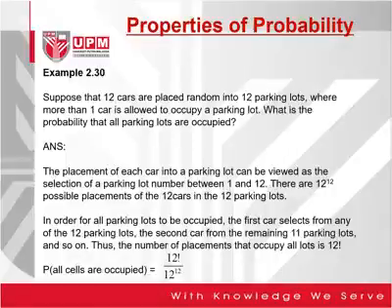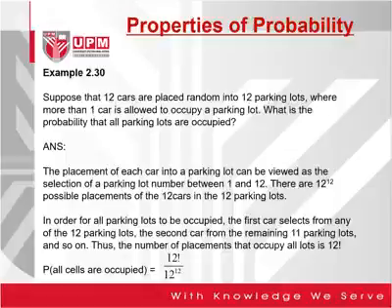Now, suppose that 12 cars are placed randomly into parking lots, where more than one car is allowed to occupy a parking lot. What is the probability that all parking lots are occupied? First of all, don't argue with me whether this question is logical or not, because from a transportation point of view, one parking lot can only be occupied by at most one vehicle.